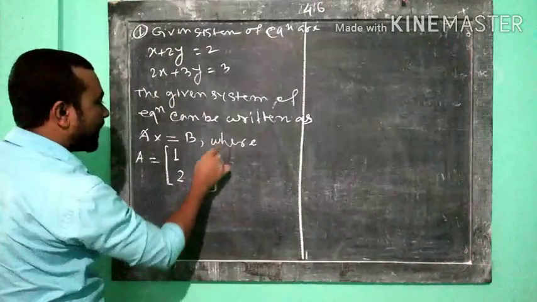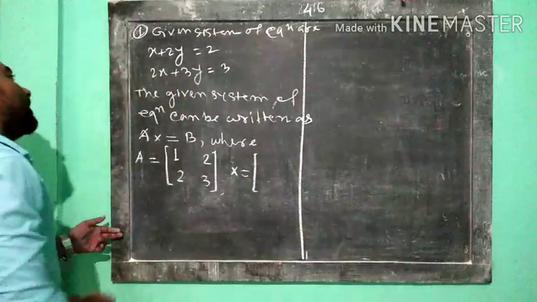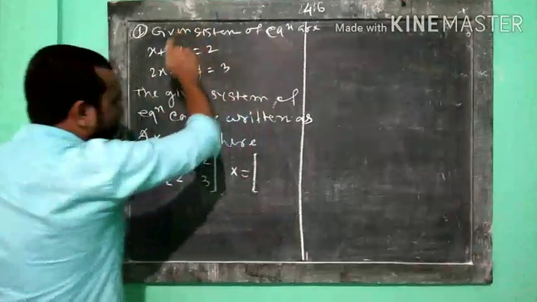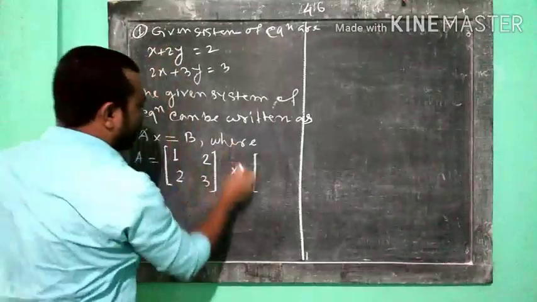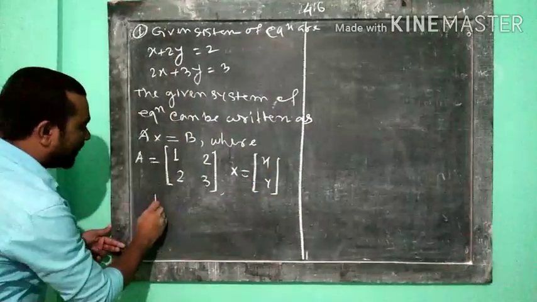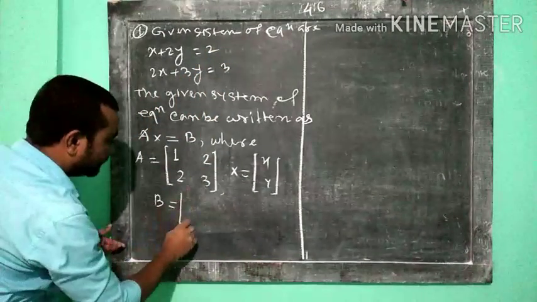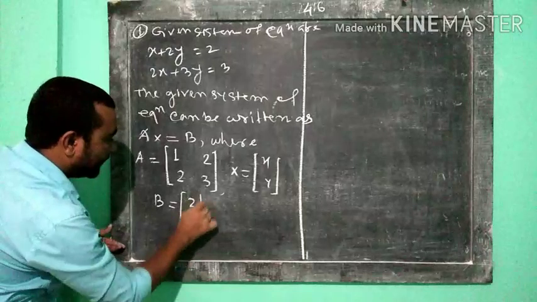This is A. And X is the variables. There are two variables, x and y. And B is 2 and 3.